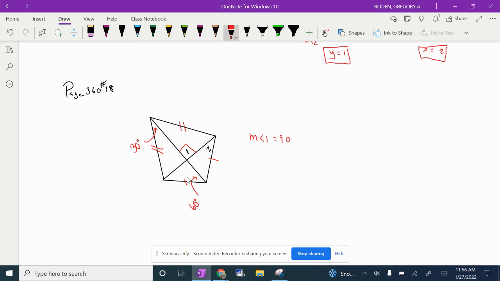All right, so now I also know that this angle right here is 60 because the diagonal of a kite bisects the non-congruent angles. So this angle right here, and this angle right here, are non-congruent angles.